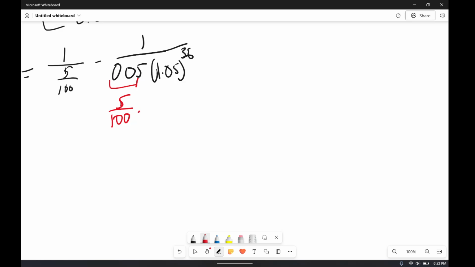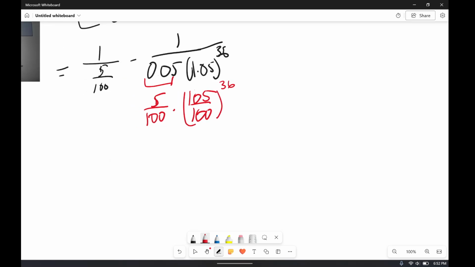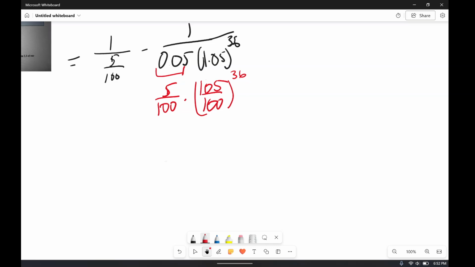This is the same thing as 105 over 100, and then it's raised to the 36th power. So we can just multiply the, no, we can't do that. We can just flip it, right?